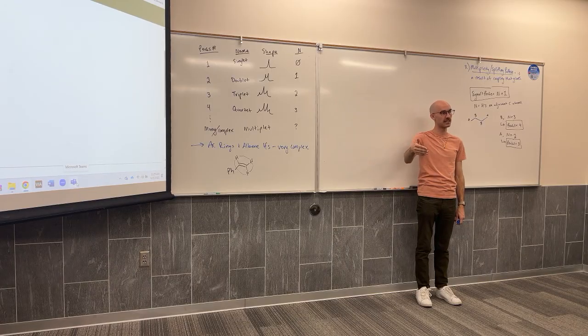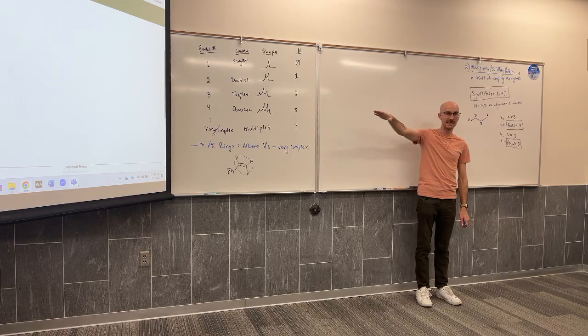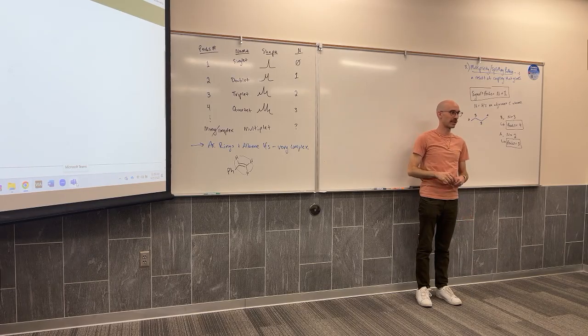Multiplicity is what gives us the connective pattern, but as you can see, multiplicity is not always easy to interpret from experimental NMR. So it doesn't always help us solve the molecular structure.